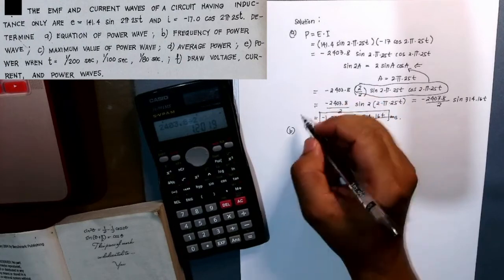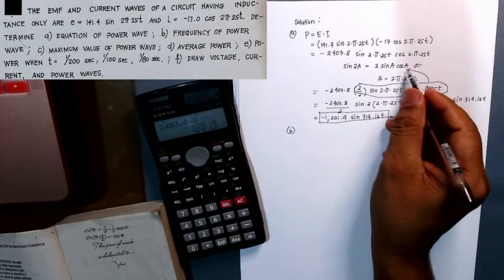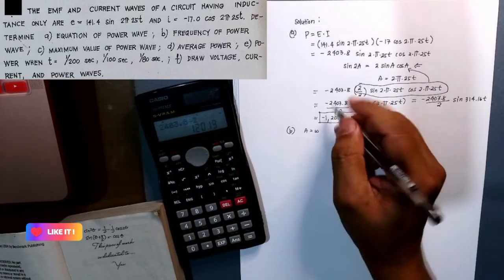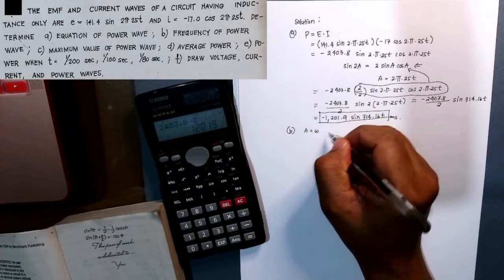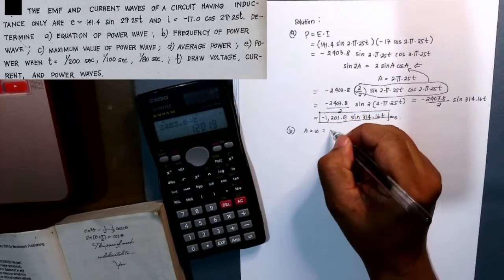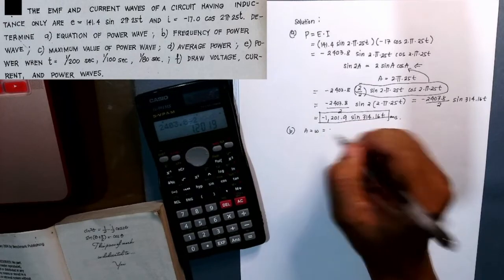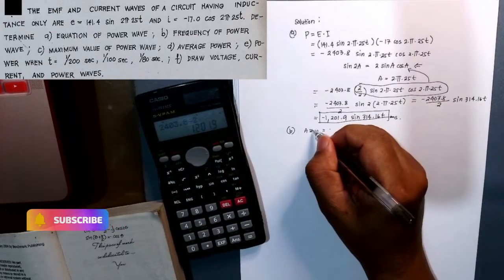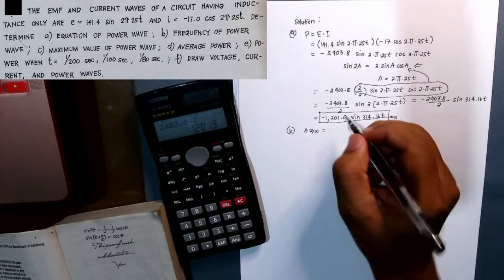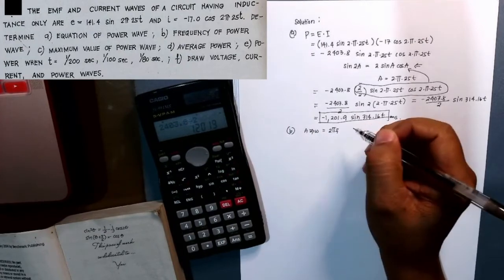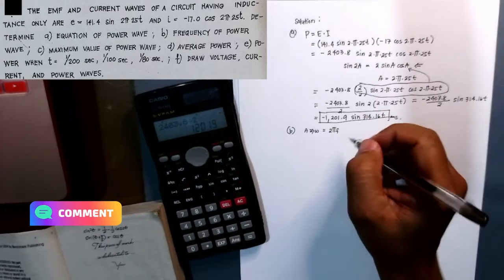Since our 314.16 here is actually our omega, omega is 2 pi f for the inductor.